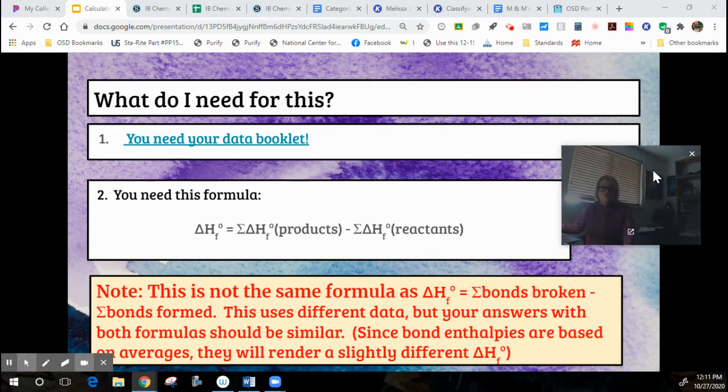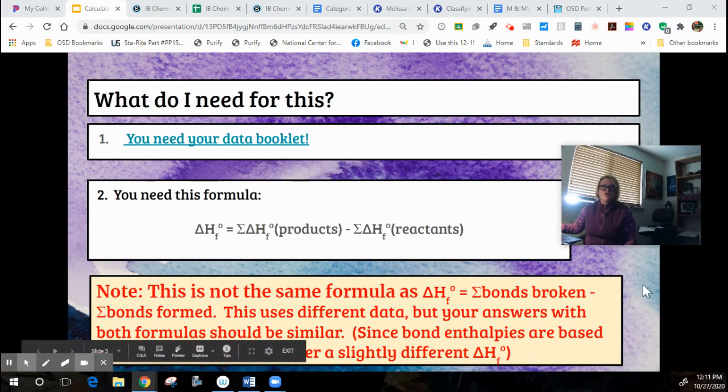Another important thing to note, this is not the same formula as the enthalpy of formation can be calculated by using bonds broken minus bonds formed. It uses different data. The one from Learning Target 5, which is the one down here in red, used your bond enthalpies data.